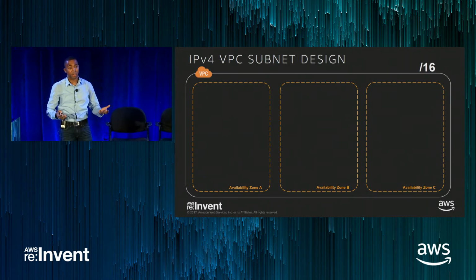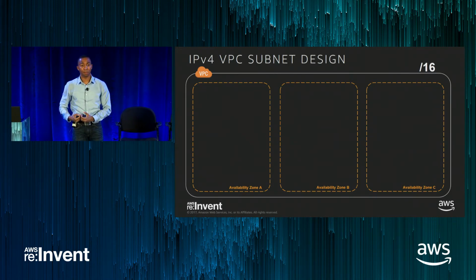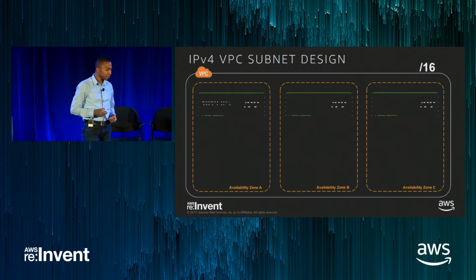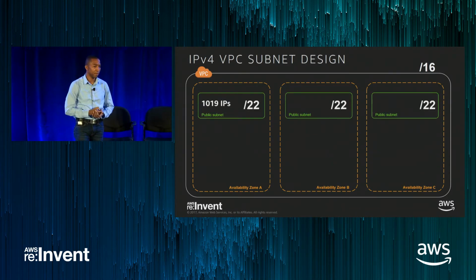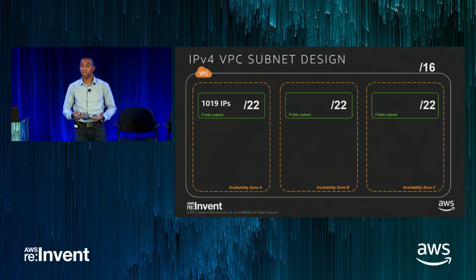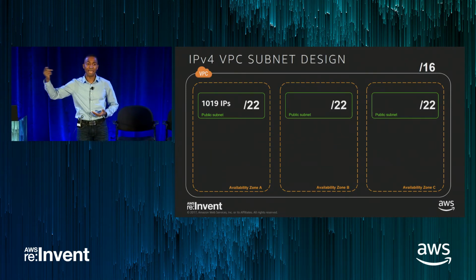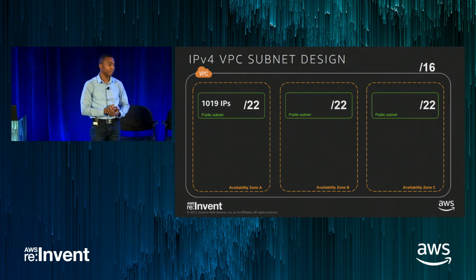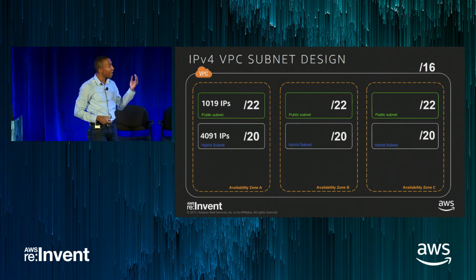Does this application only need to communicate back on premises, which means I may not need the internet at all? So by answering those questions, you define public subnets, which has applications in which users and resources online can initiate communication with your applications in your VPC. You have hybrid subnets.